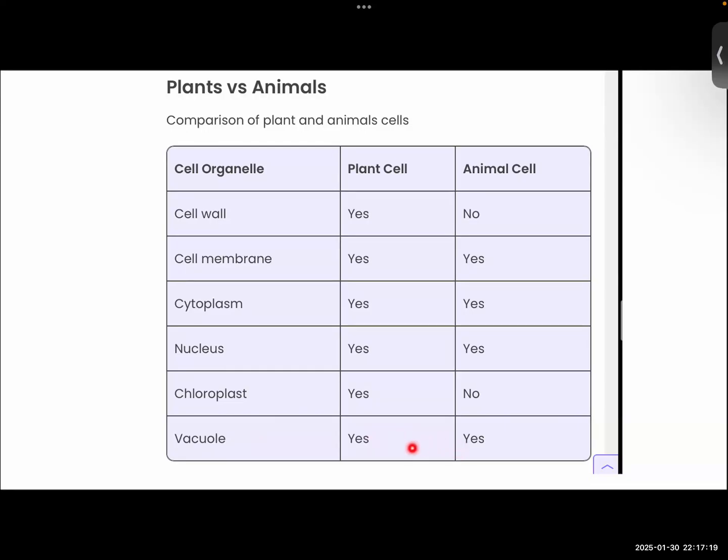In animal cells, vacuoles will be smaller in size and more in number. But in the case of plant cells, they are large in size and few in number.